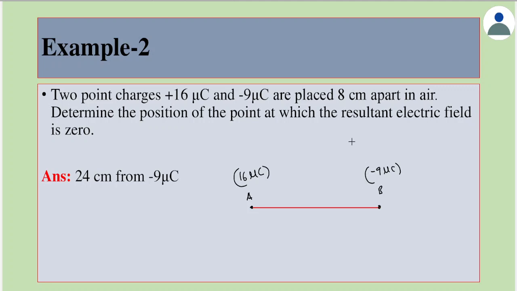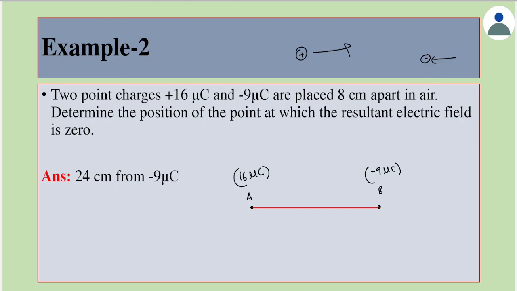We know that from a positive charge, the electric field lines will go out radially, and for a negative charge, the field lines go into the charge.